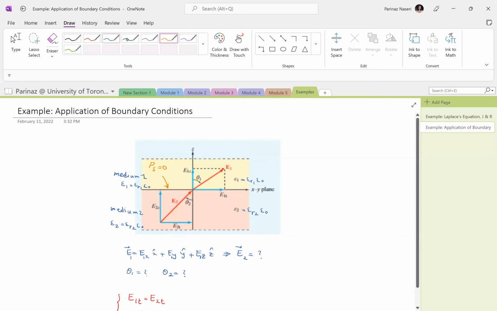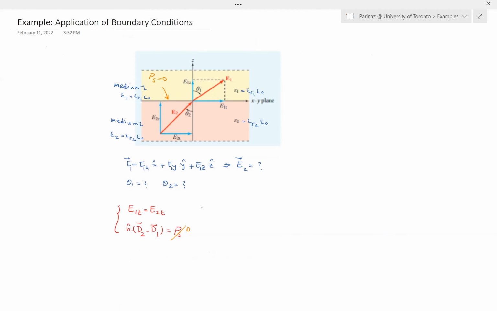So what do we end up with? We end up with E1T must be equal to E2T, and D2N must be equal to D1N, the normal component of the flux density here.